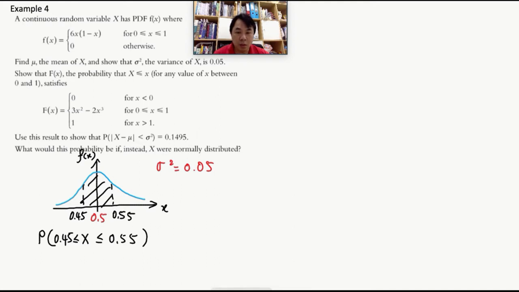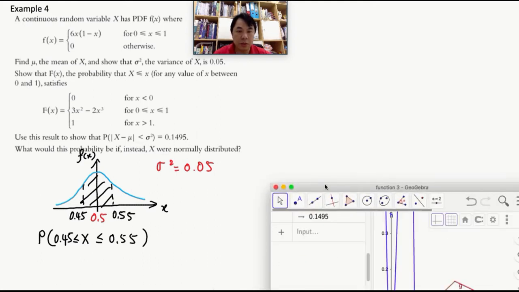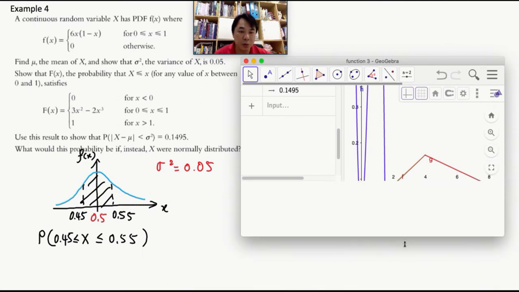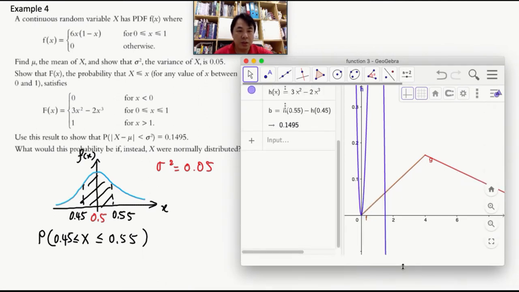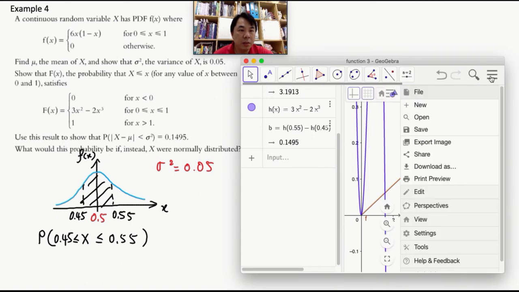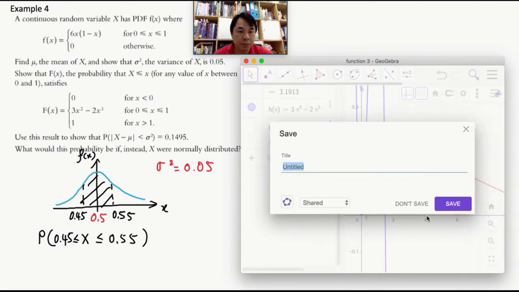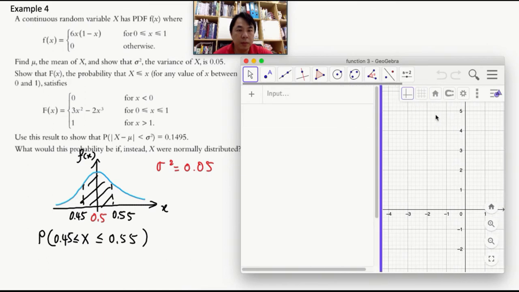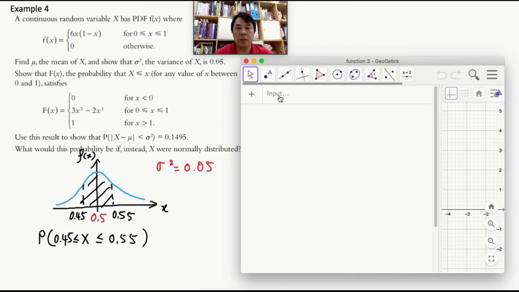Okay, let's see. Now, of course, in this case, you can either refer to the normal distribution table, or you can get a piece of software to help you to do that. Right? In this case, I'm going to use just that. Just let me clear this up. Okay, here I'm interested to get the normal distribution.